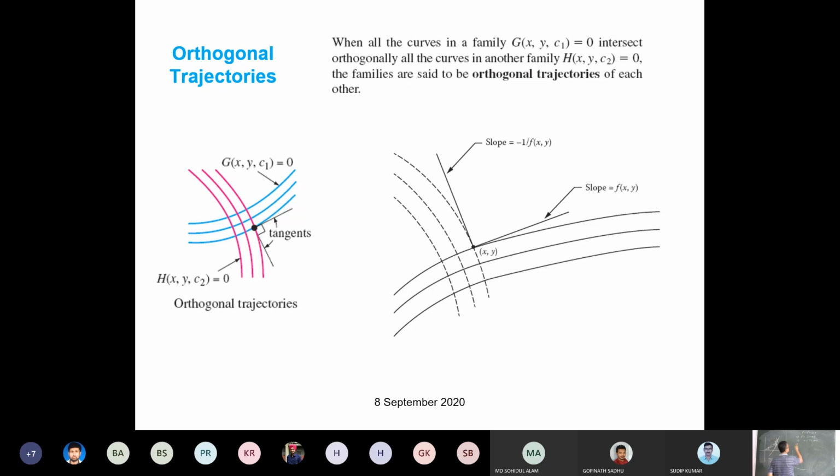So if you take dr by d theta, this is going to give you what? Minus 2c sin theta. Okay, so this implies your r d theta by dr.